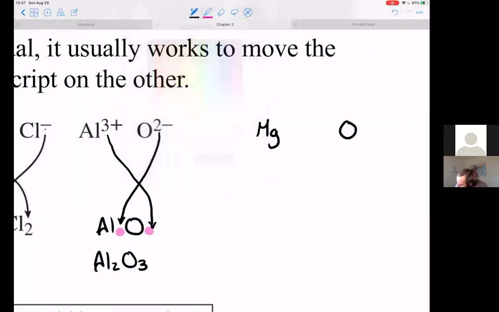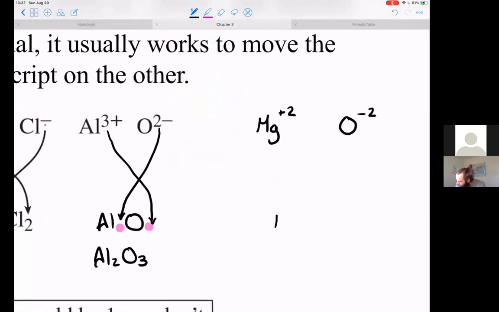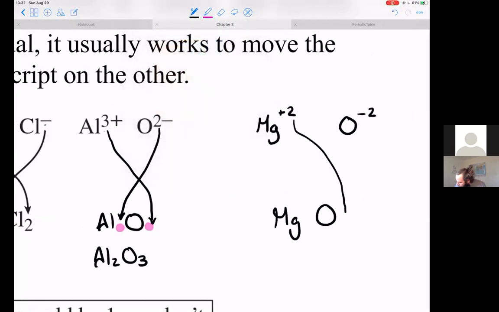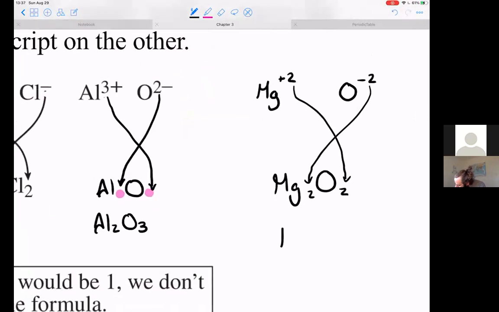So magnesium's +2, oxygen's -2. So magnesium oxide, if I follow this rule, I'm going to bring this one down here, bring this one down here. So it'd be Mg2O2. Well, those aren't reduced, right? I can reduce this further to just MgO, and that would be the correct molecular formula.